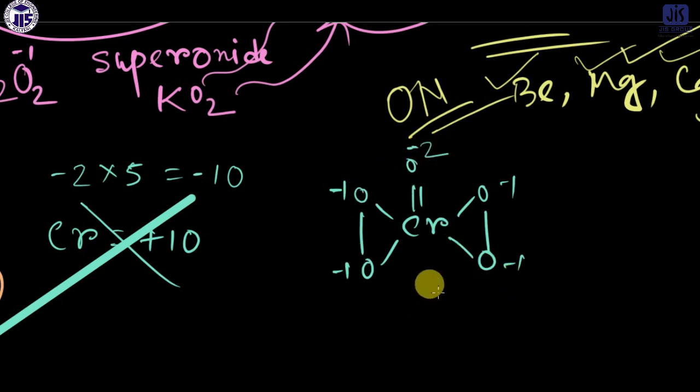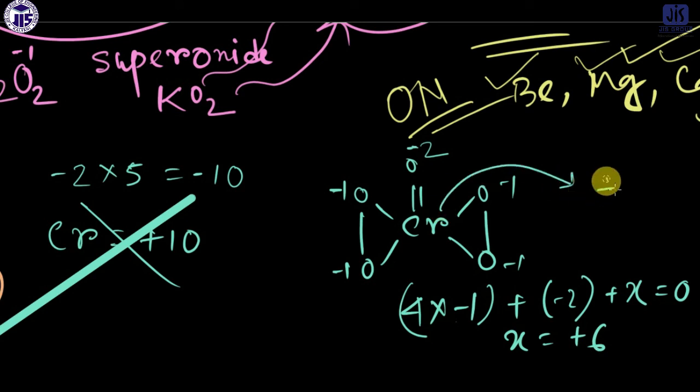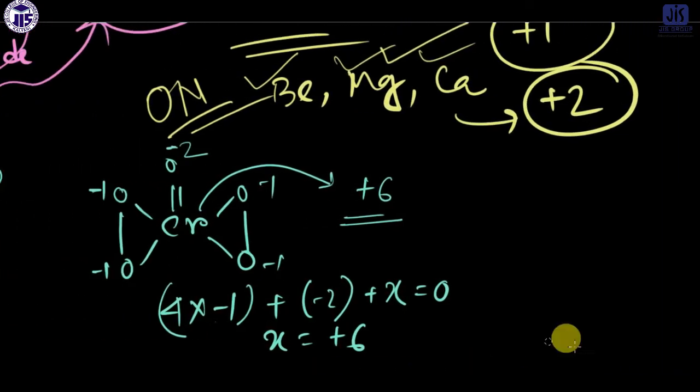So 4 into -1 plus -2, plus chromium x, equals 0, so x equals +6. So the oxidation number of chromium is +6, not +10. You have to keep in mind that there are some exception cases, which you have to practice a lot, where the concept of structure is important.